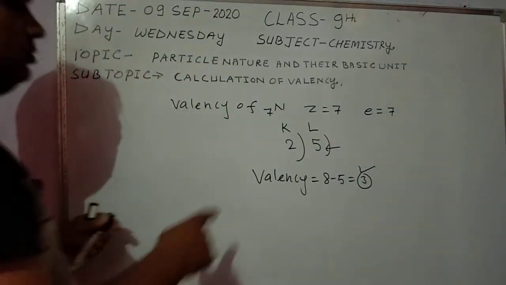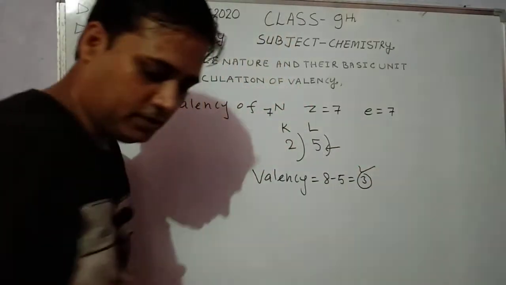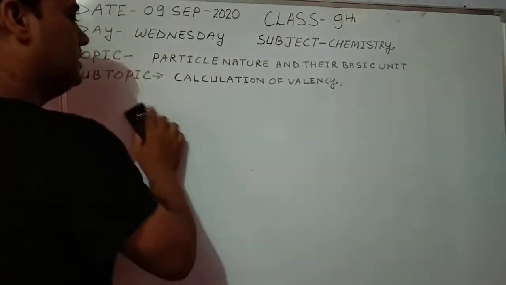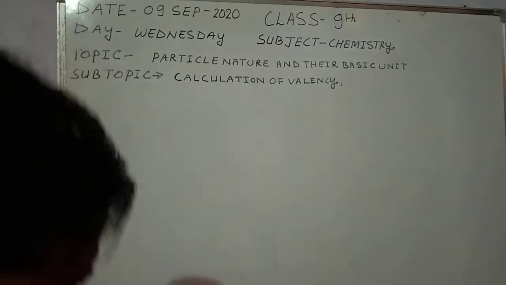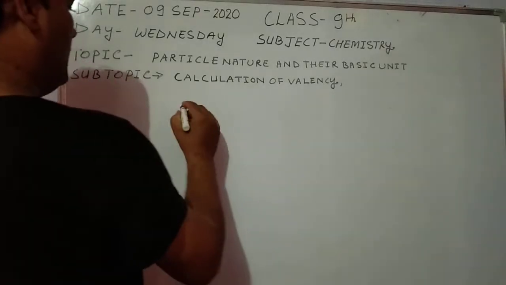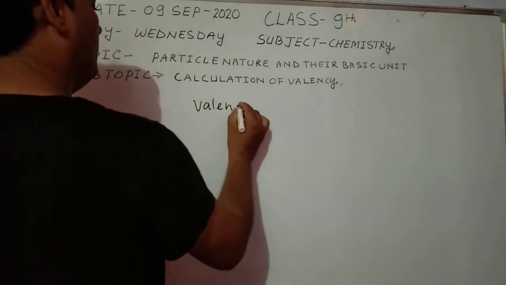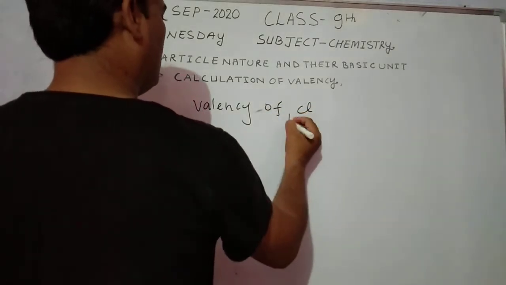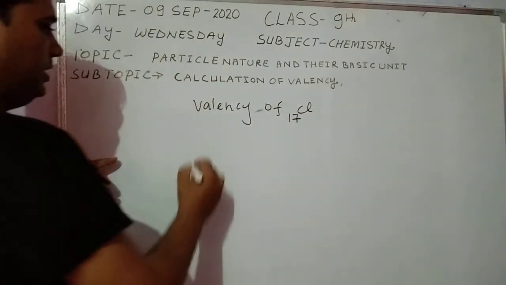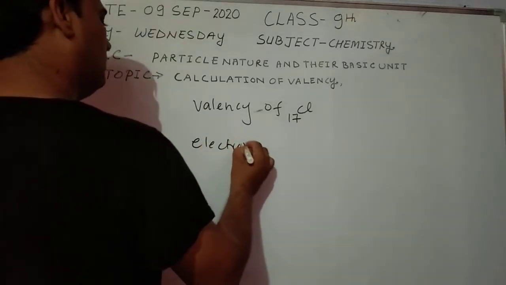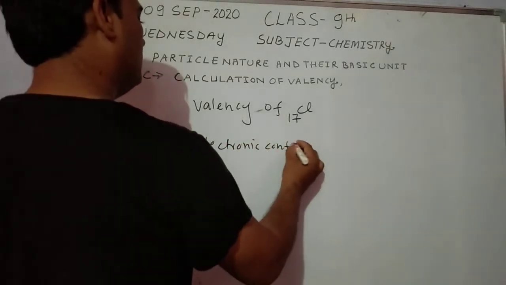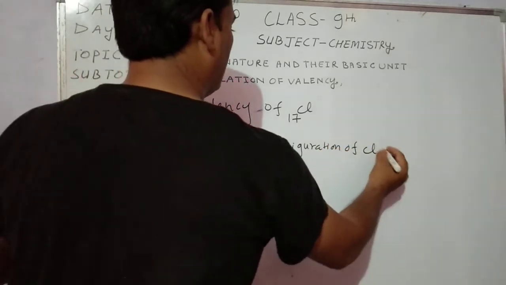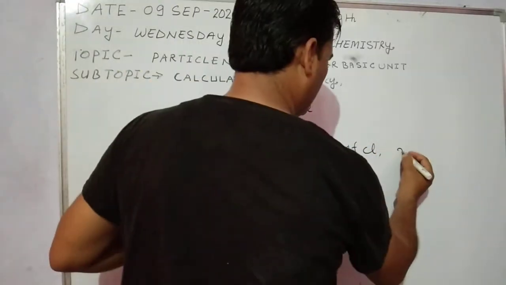So if the outermost shell contains more than 4 electrons, then valency is equal to 8 minus the number of electrons present in the outermost shell. For example, the valency of chlorine: the atomic number is 17, and the electronic configuration of chlorine can be written as first shell contains 2, second shell 8, and third shell contains 7 electrons.